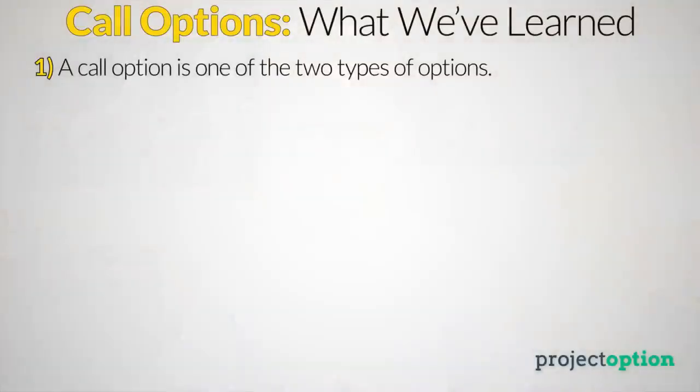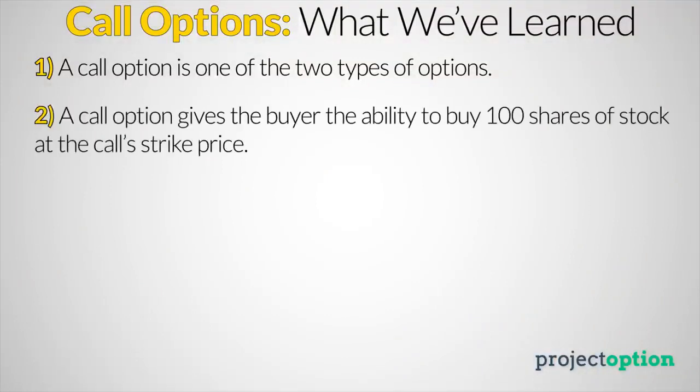So through this example, we learned a few things about call options. First is that the first option type is a call option. The second is that the call option has a strike price, and that means that the call option can buy shares of stock at the call option strike price between now and expiration. So that is what a call option does.